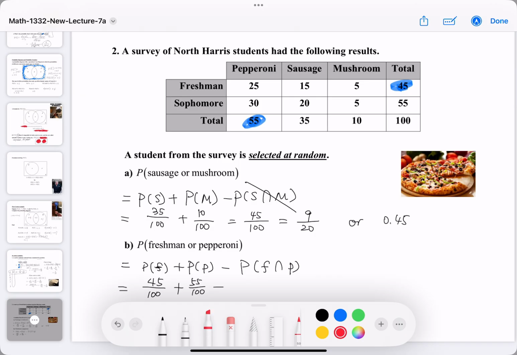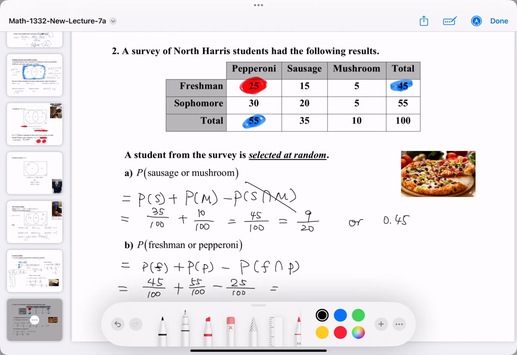Yes, we're having the cross section, the pepperoni and the freshman. The freshmen who are selecting the pepperoni, we are having 25. So that is the intersection between the pepperoni and the freshman. So minus 25 over 100.